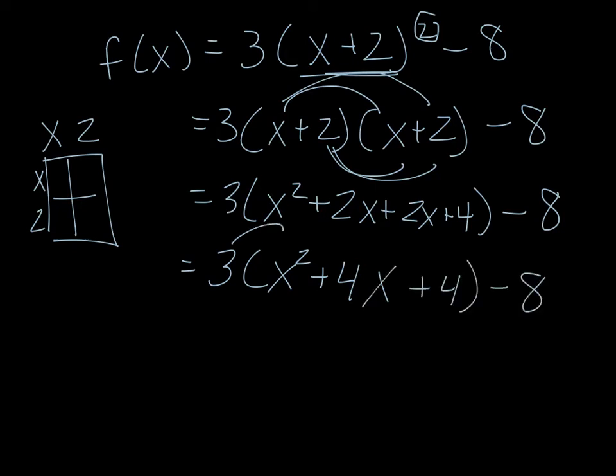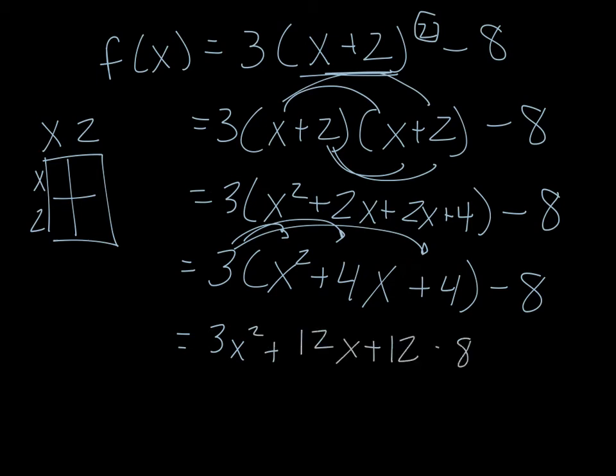And then we distribute the 3 inside the parentheses, multiplying each term by 3, giving us 3x squared plus 12x plus 12 minus 8. And then we combine those last like terms to give us this equation. And that's it. That's all you need to do to convert from vertex form to standard form.